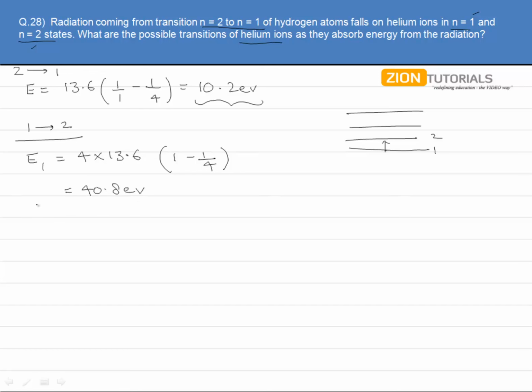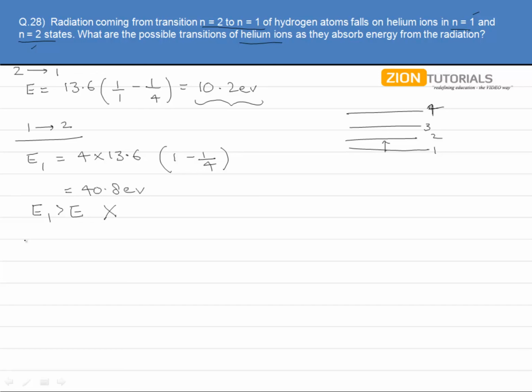Now this 40.8 electron volts is actually greater than E, so this transition is not possible. And obviously, if the transition from 1 to 2 is giving the energy of 40.8, then the other transitions including 1, that is 1 to 3 or 1 to 4, will be having energy more than E1, that is more than E. So no transitions are possible for the state 1.